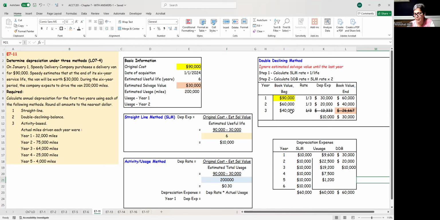For most productive assets, the usage method or the double declining balance method makes more sense because the expense is going to match the revenue generation. Straight line method, the only reason it's popular is because it's easy to calculate and it evenly projects my expense over the life of the asset. So these are 3 different methods of depreciation. We'll go over some more exercises dealing with depreciation just so that we can get familiar with it.